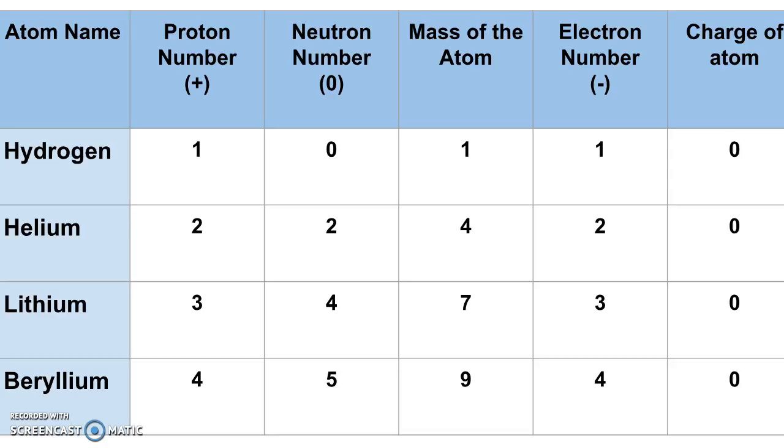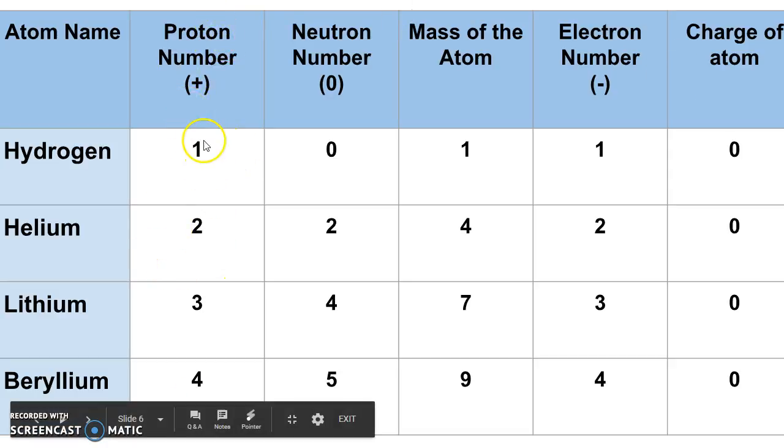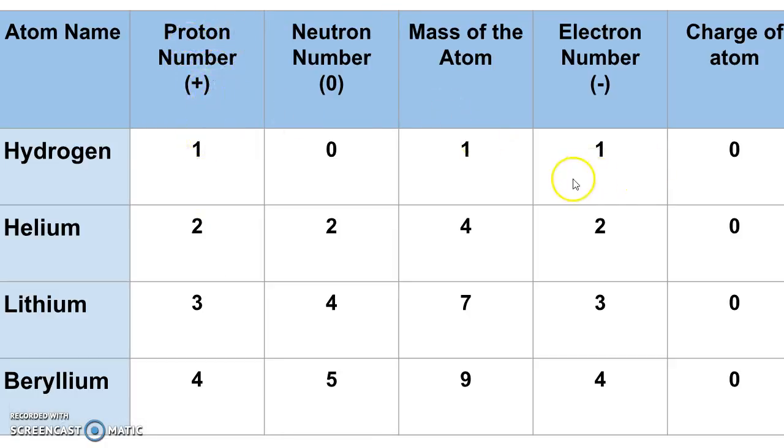You identify the element by the number of protons, which is the atomic number. The number of protons is going to equal the number of electrons, which means the atom is going to have 0 charge because you're going to have the same number of protons as you do negative electrons.